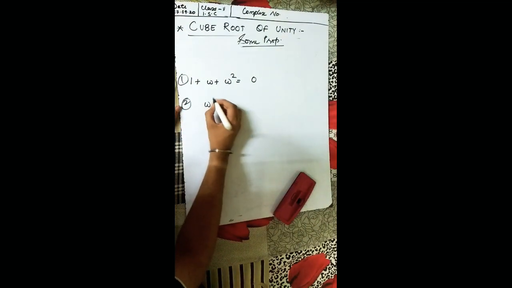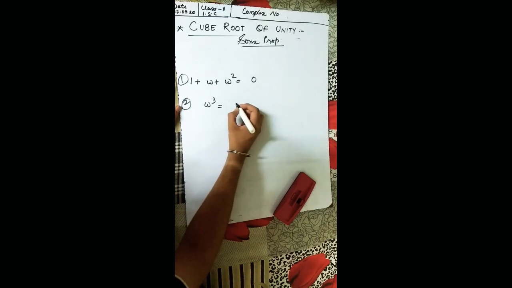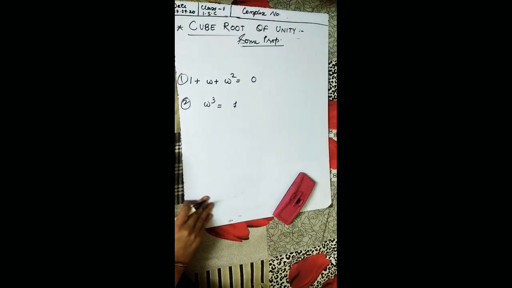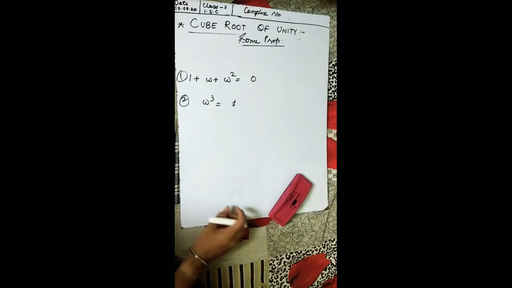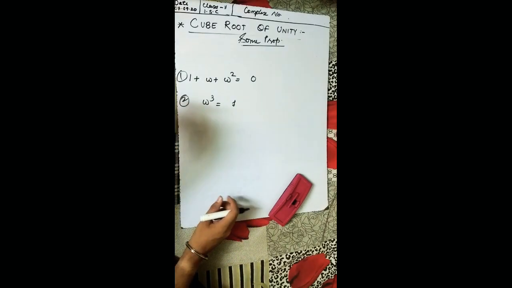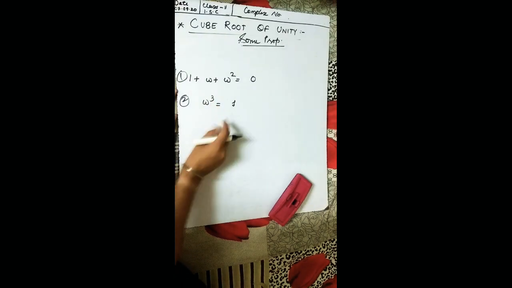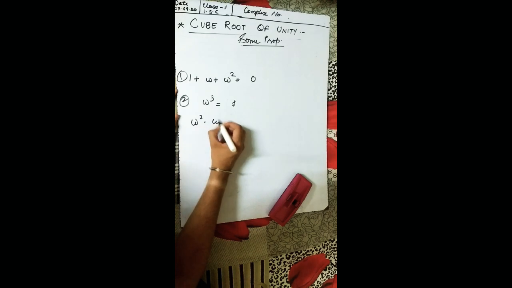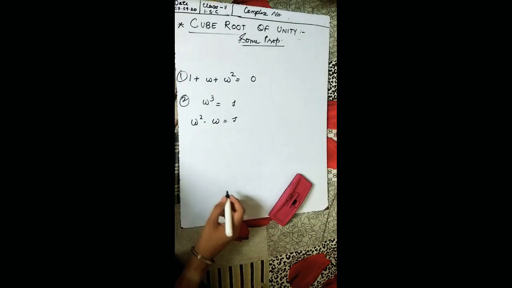Now what is the second property? It says that omega cube is equal to 1. The product of the cube roots of unity, omega cube, is equal to 1. Now how will you find omega cube? Can we write omega cube as omega square into omega?